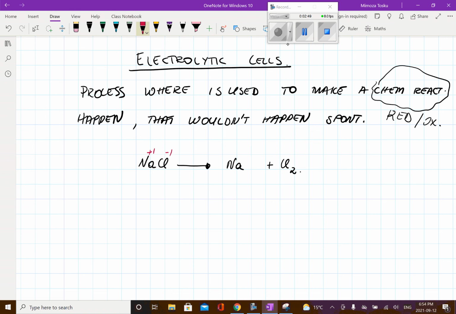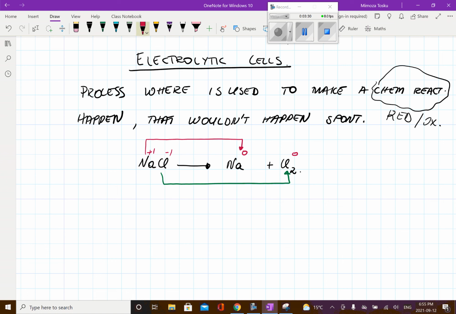And chlorine will be -1, because the compound on its own should be 0, and sodium is 0 because it is an atom, and chlorine is 0 as well. So an oxidation and reduction is happening, because sodium is going from +1 into 0, and chlorine is going from -1 into 0.